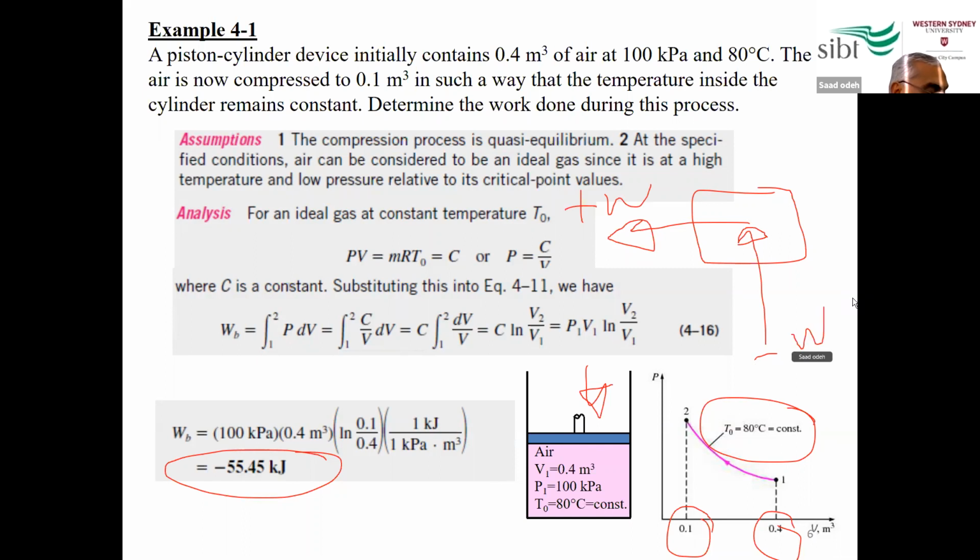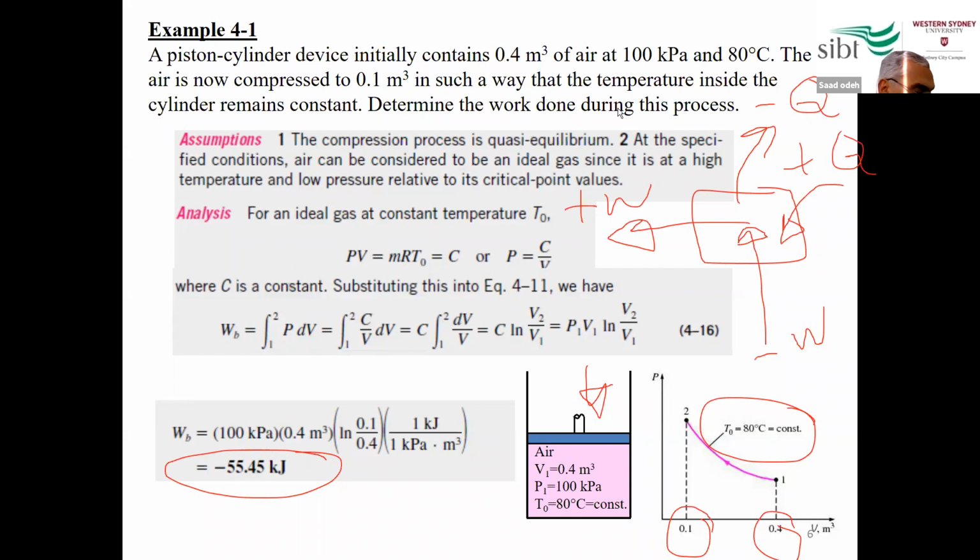While Q is opposite to the work. If you have Q leaving the system, then it should be negative. And if we have Q added to the system, then this should be positive. It's opposite the work. So the convention sign of the heat is opposite the convention sign of the work.